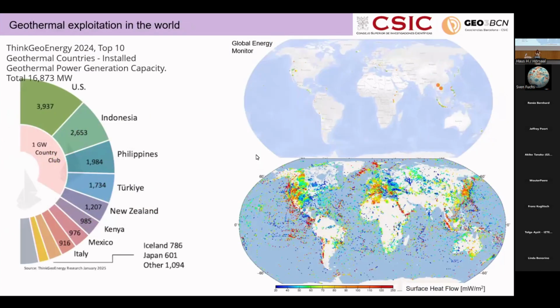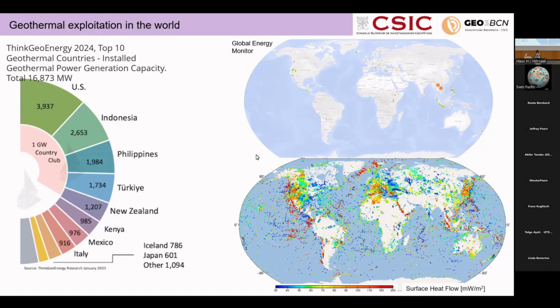Moreover, in terms of geothermal exploration, according to Think Geothermal Energy, the top 10 geothermal countries with installed power generation are also in these areas, mainly zones where you have high surface heat flow.